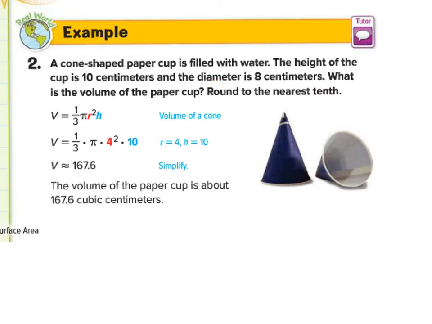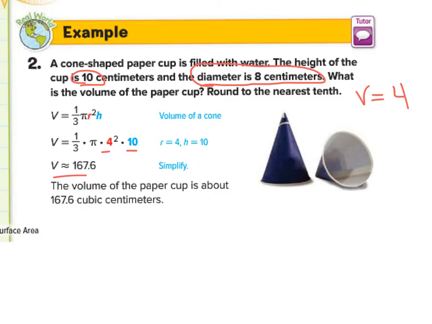They're giving us the diameter, so make note of that. The diameter is 8 centimeters, so that means our radius is half of that, which is 4, right? And our height is 10 centimeters. So when we plug in those numbers, you can see they're being plugged in right there.